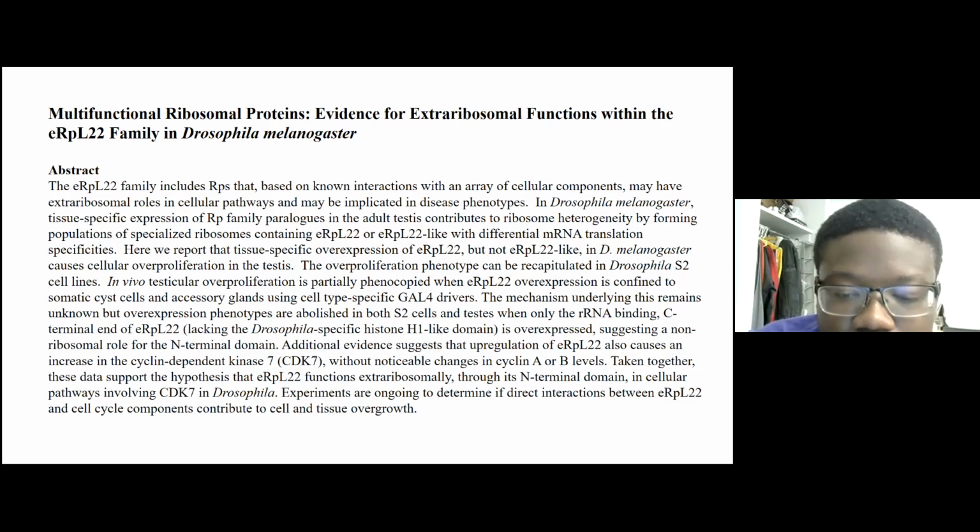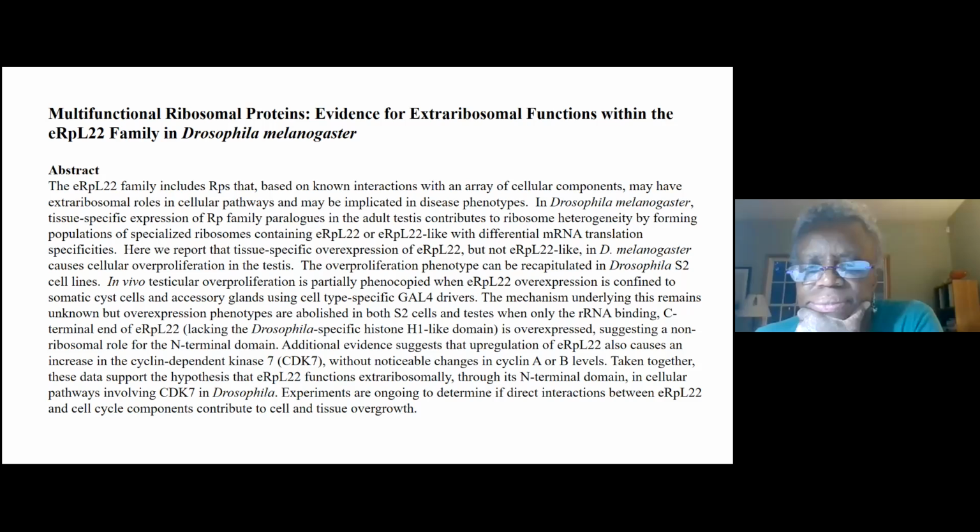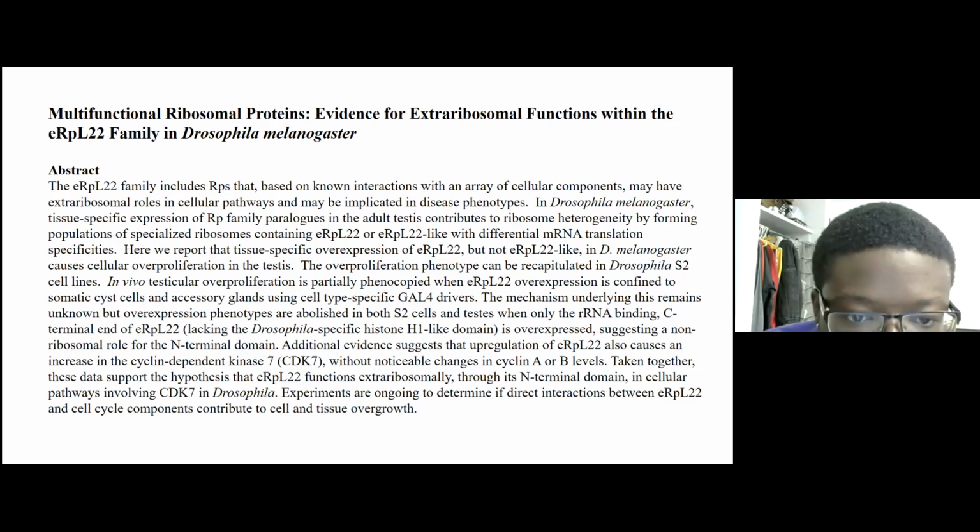And we found this through using fruit flies, but we also found that this mainly happens in cyst cells and glands that use something called Gal4 drivers. So it's specific.